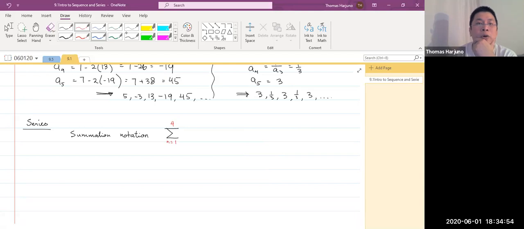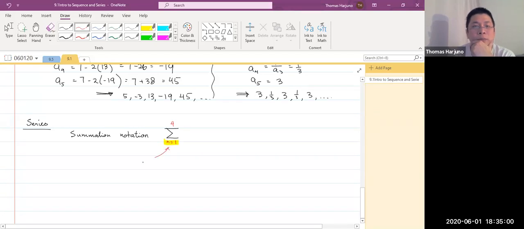So this means starting from n equals 1 up to n equals 4.